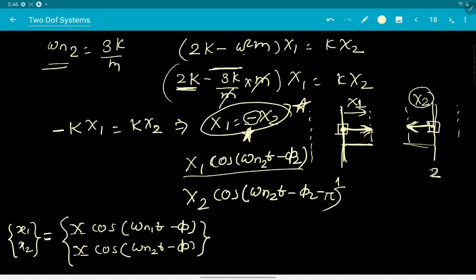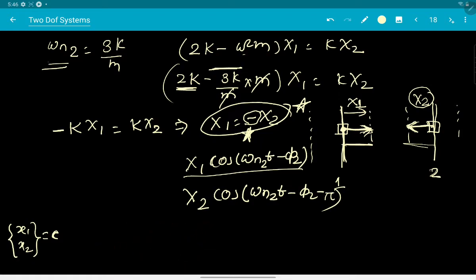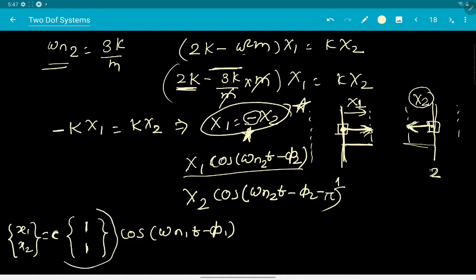What I'll do is take this X out common and name it as C. I'll take this cosine of omega n1 t minus phi also common and out, and I'll write 1 and 1 over here, which I'll be calling the mode shape.